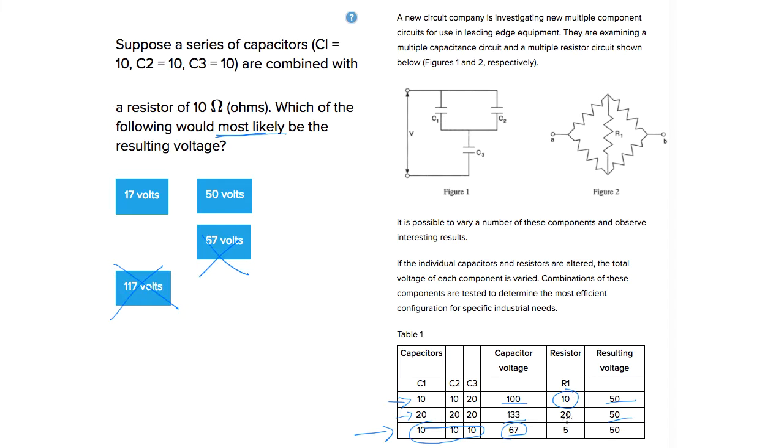So the resistor of 20 ohms has the greatest effect, the resistor of 5 ohms has the smallest effect, and the resistor of 10 ohms has a middle effect.